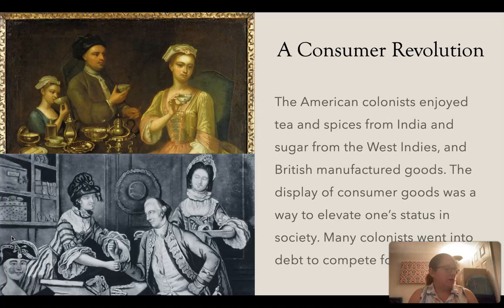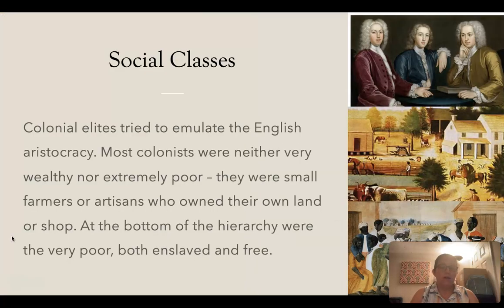As colonial society matured, you start to see different social classes emerging. As we've talked about a second ago, the elite in the colonies were not as wealthy or as powerful as the European aristocracy, but they gradually come to dominate colonial society and politics. In the New England area and the middle colonies, people who were members of the elite tended to be wealthy merchants.